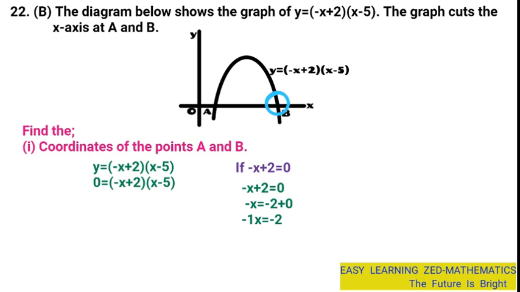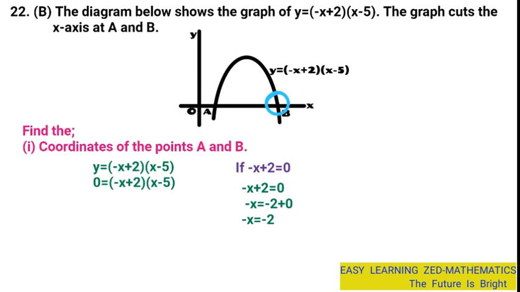It can also work when you just cancel out the negative signs, on the x and also on the 2, or you can divide those two terms by a negative sign.